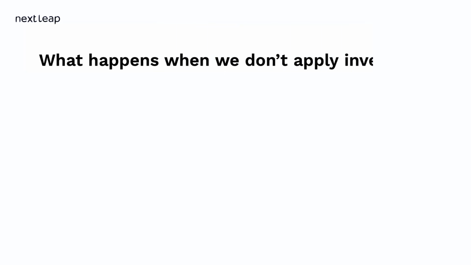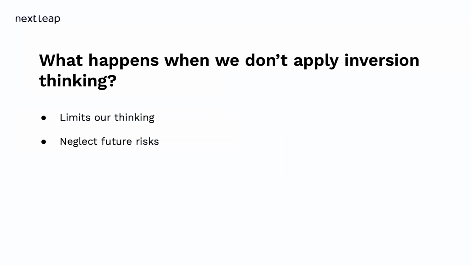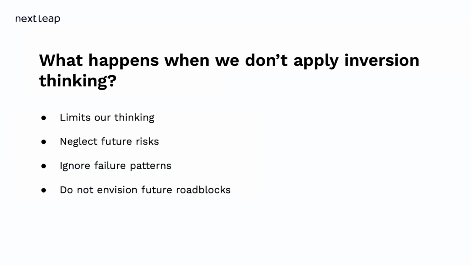And the beauty of this particular thinking model, the inversion thinking model, is that it actually uncovers a lot of blind spots for you. So when you don't apply inversion thinking, what happens? It limits our thinking, we neglect future risks, we ignore failure patterns, and we don't envision future roadblocks, right?